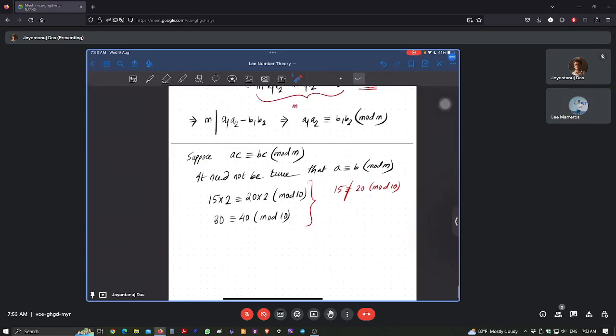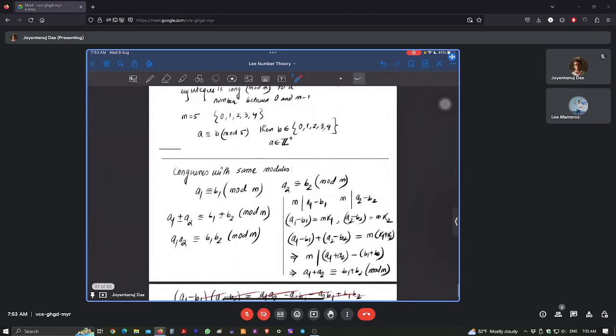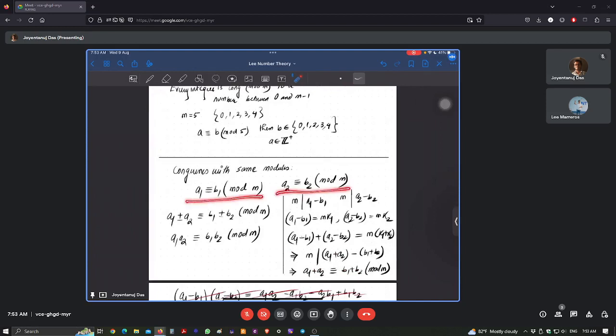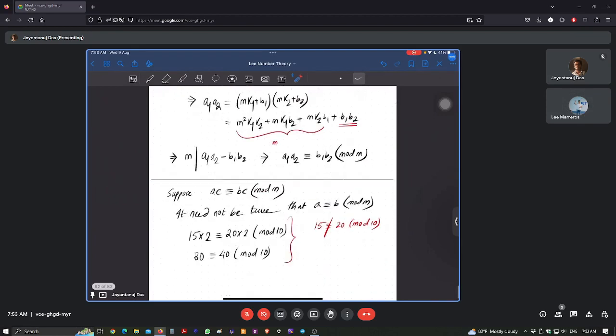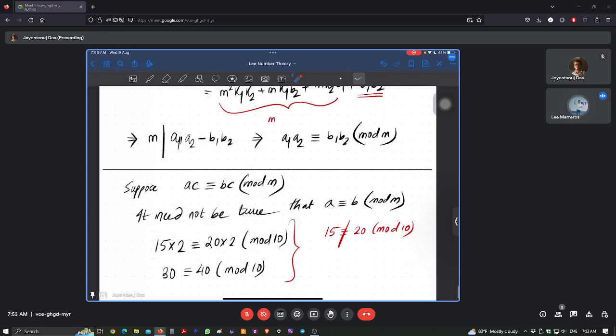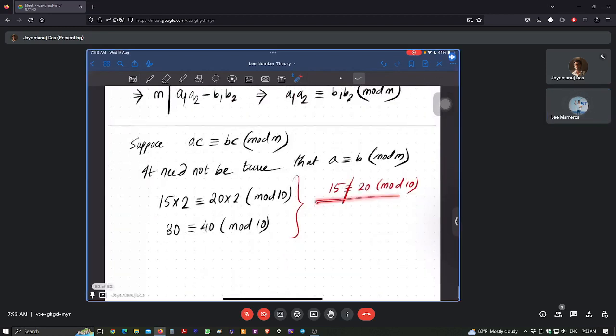What we are saying is, if we have the same modulus, m is fixed, then if you take the product of both sides, m is still fixed. So this works, but the opposite we cannot do. This quantity is given, and you cannot cancel out C and say that A and B are congruent mod M. So this is not true.